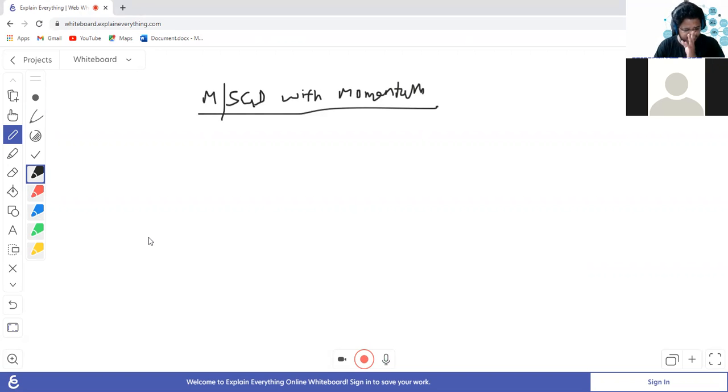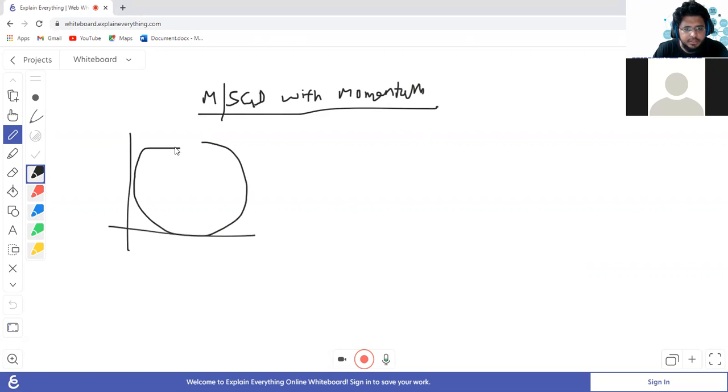Now, as we know, earlier we already discussed this contour mappings, that the gradient descent goes very smoothly, whereas the stochastic gradient descent takes a zigzag path and reaches here.